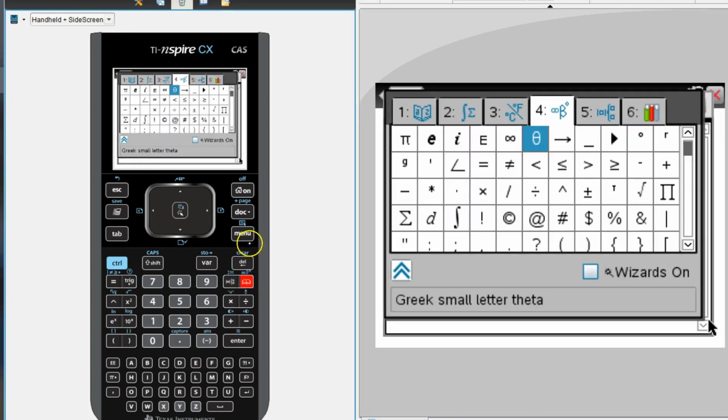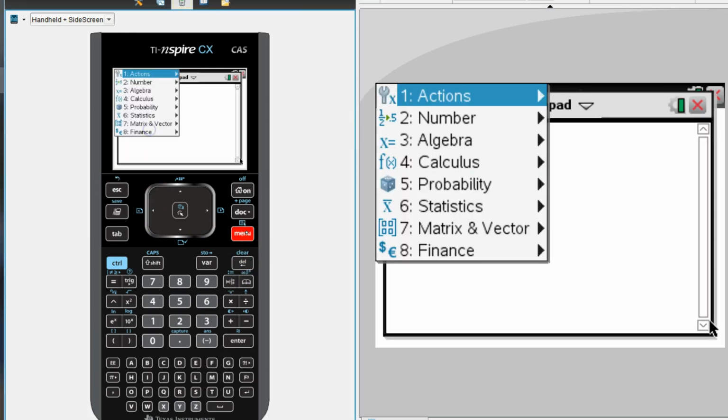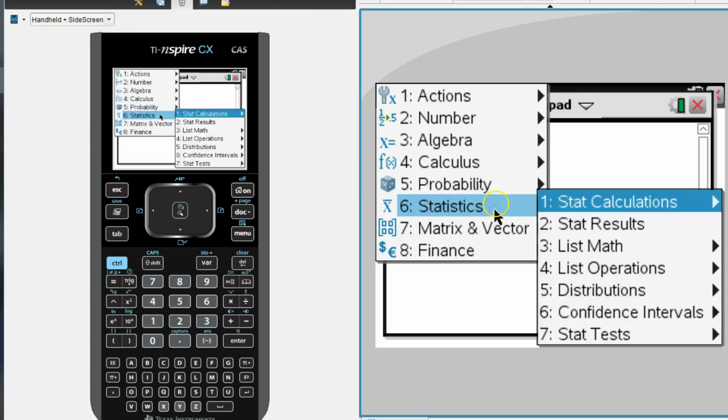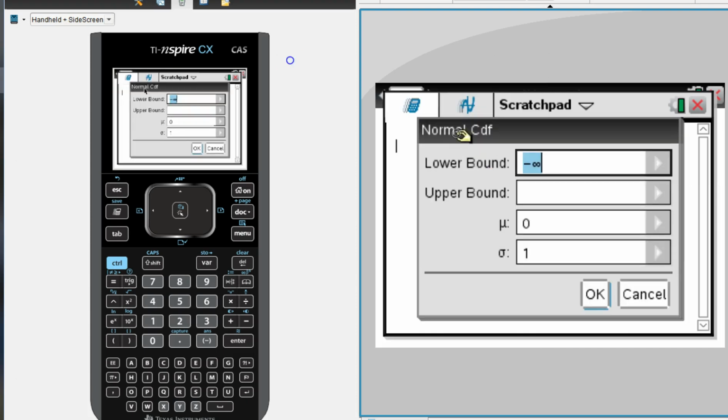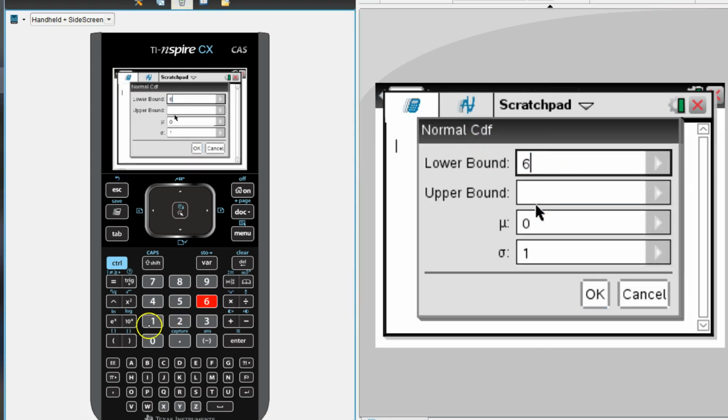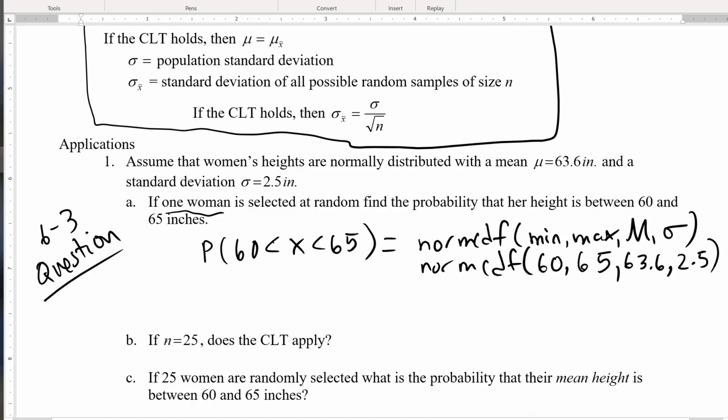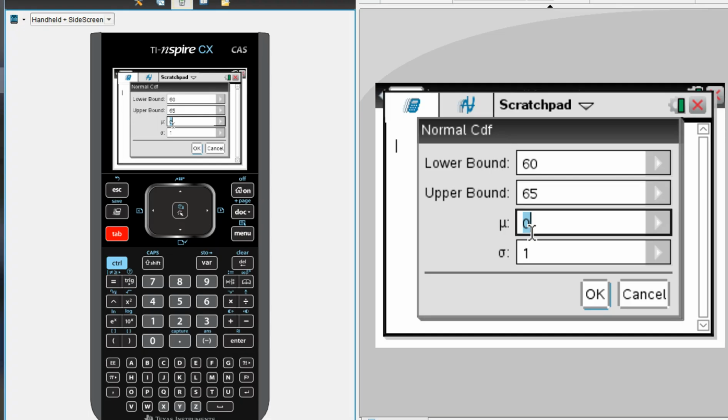So menu, statistics, distributions, norm CDF. We are going from 60 to 65. These are not z-scores, so we need to fill in the mean and the standard deviation. So I'll need to fill those numbers real quick. 63.6 and 2.5.